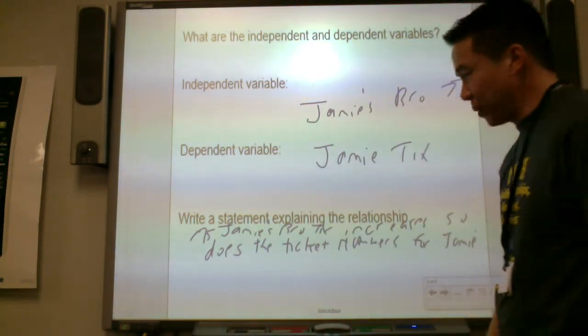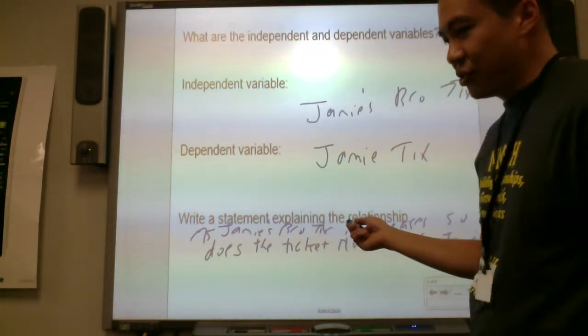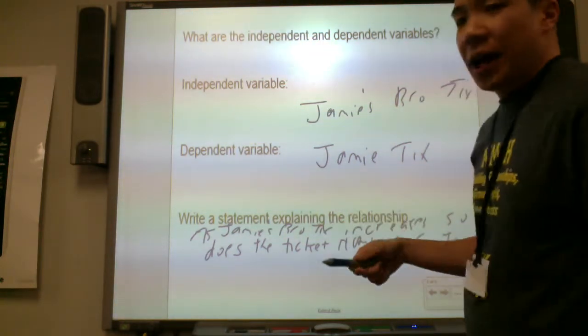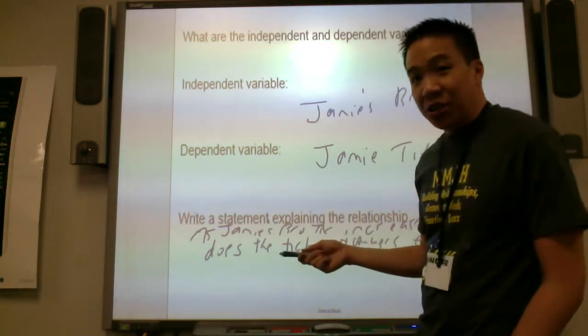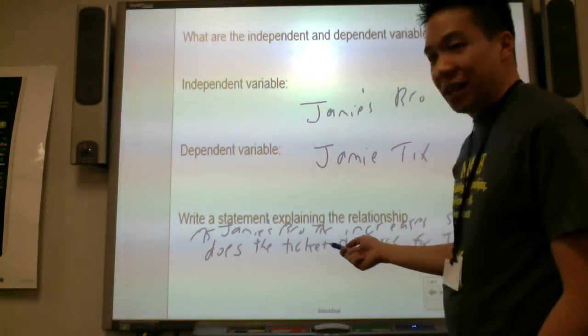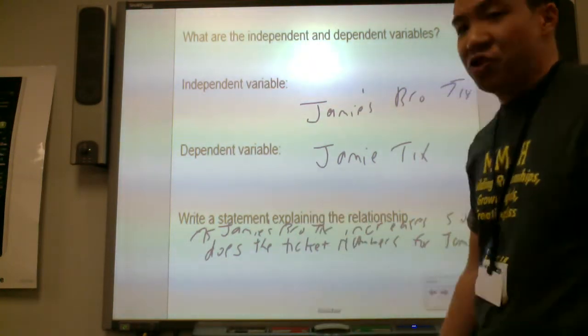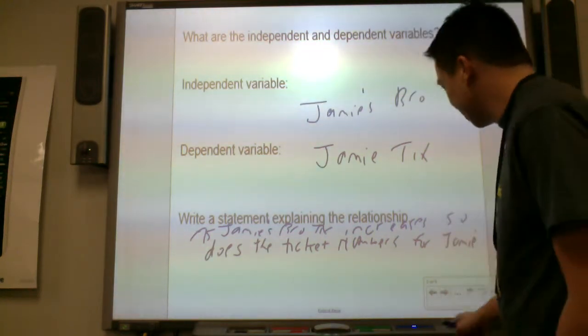Another way you can explain it: as Jamie's brother's tickets increase, Jamie's ticket numbers increase, dependent on the increase of her brother's tickets.